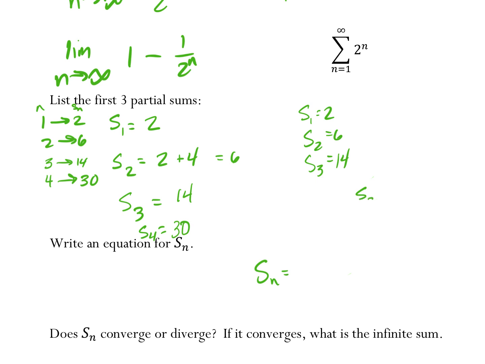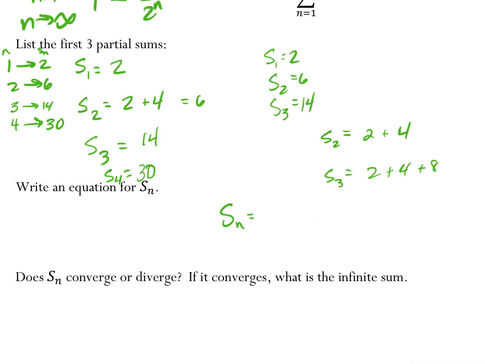So S2 we got by doing 2 plus 4, yeah? And S3 we got by doing 2 plus 4 plus 8, yes? And are you guys with me that this is 2 to the 1 plus 2 squared, and this was 2 to the 1 plus 2 to the 2 plus 2 to the 3?